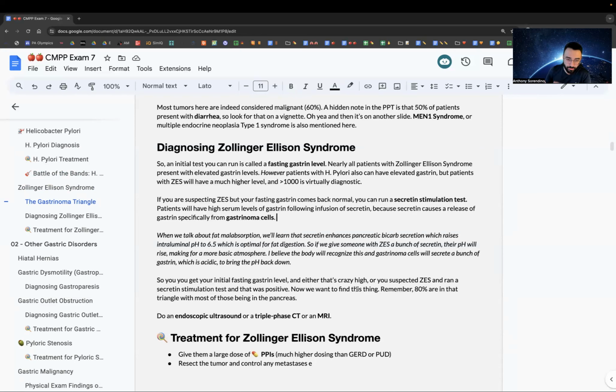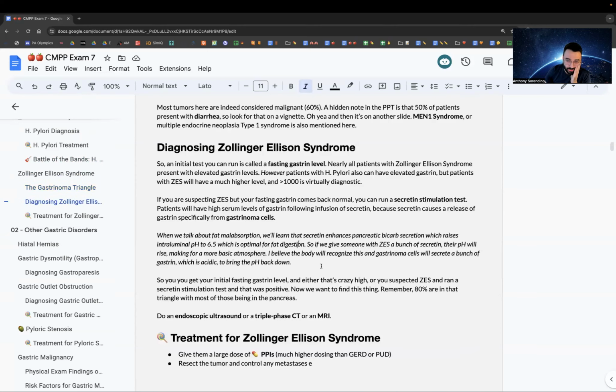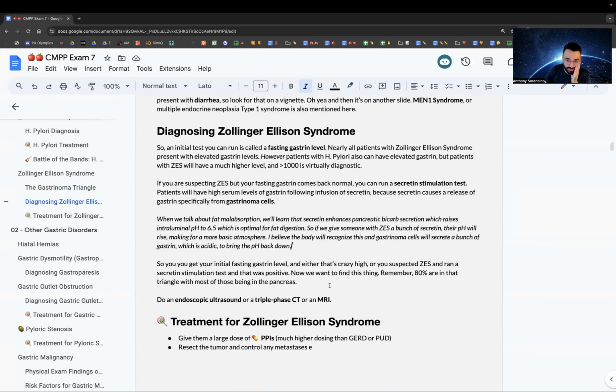We talked about this with fat malabsorption, and we learned that secretin enhances the bicarb secretion, which raises the pH, and a more basic, higher pH is what we need for fat reabsorption. So how I understand this is that if we give somebody secretin, it's raising the pH. The body recognizes this, and these gastrinoma cells start spitting out all of this acid, which will bring the pH back down. That's, I think, the pathophysiology behind this.